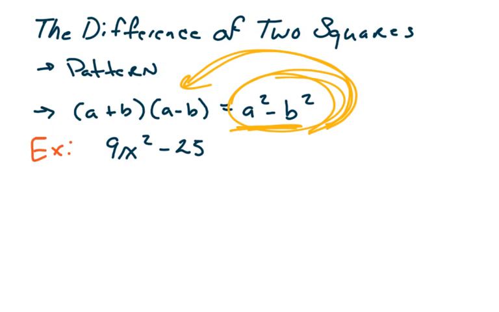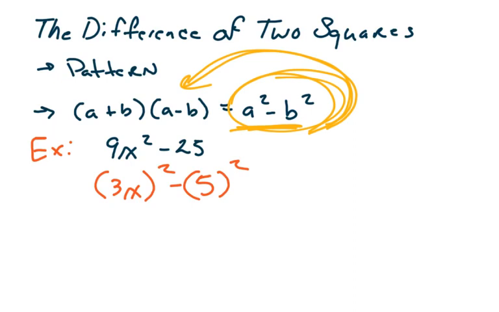So I have 9x squared minus 25. If you think about it, this can be rewritten as (3x) squared minus 5 squared.